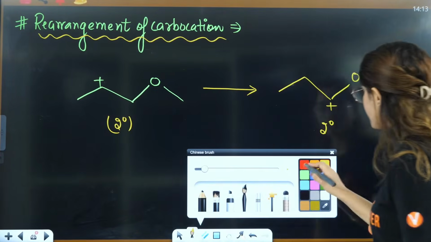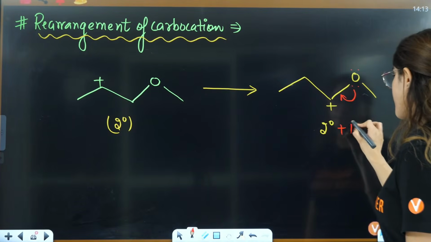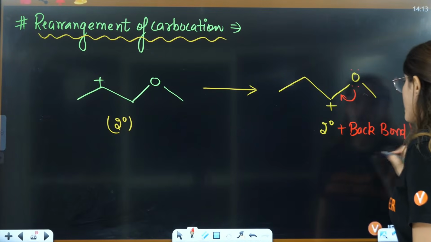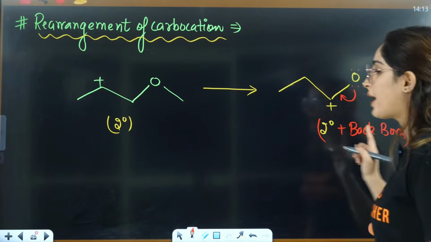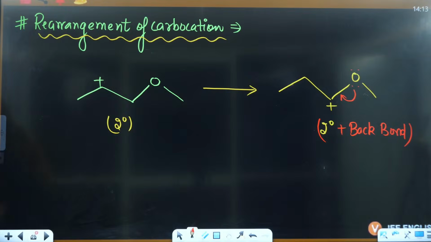But in this case, if you see, back bonding will also be there, plus resonance is also there. So that is the reason here this one will be required, 2 degree plus back bonding, okay, everybody.